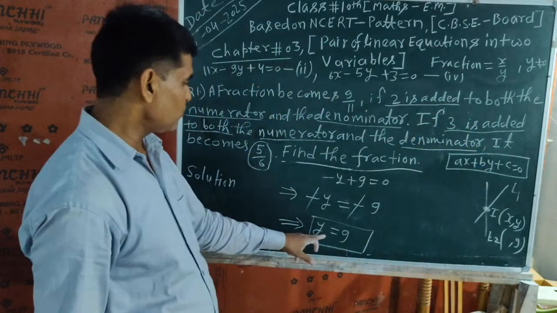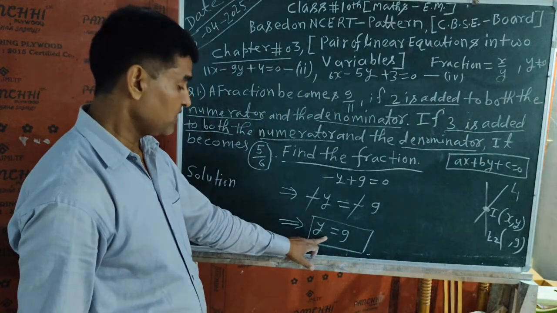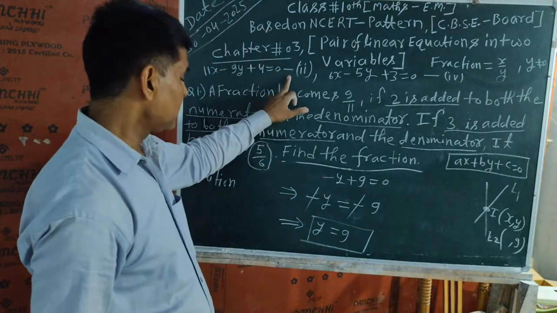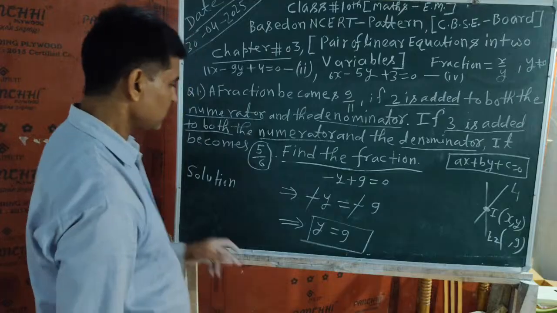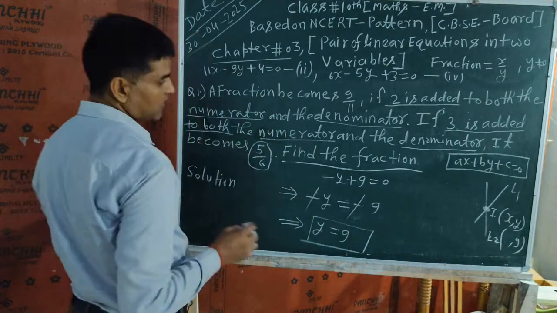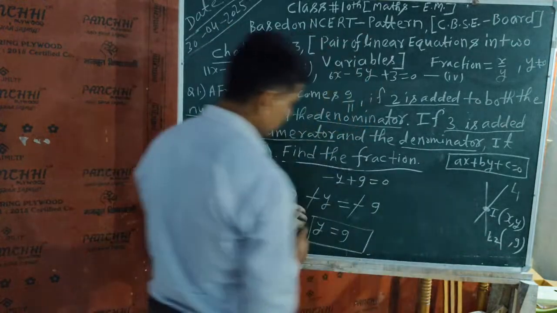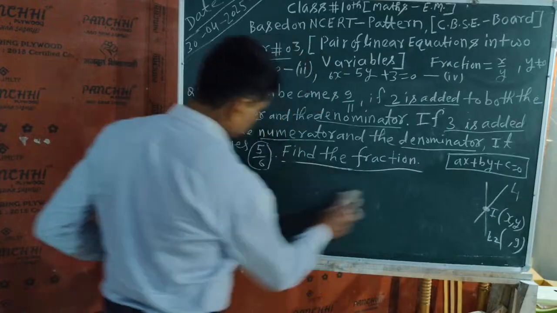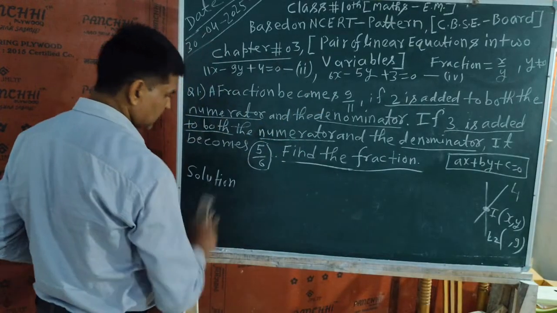Now further I will put the one statement putting the value of y in equation second, and then we get. Okay, student. So further now I am going to set the value of y also. Here I have set there. Okay, so there is no need to write this data here.